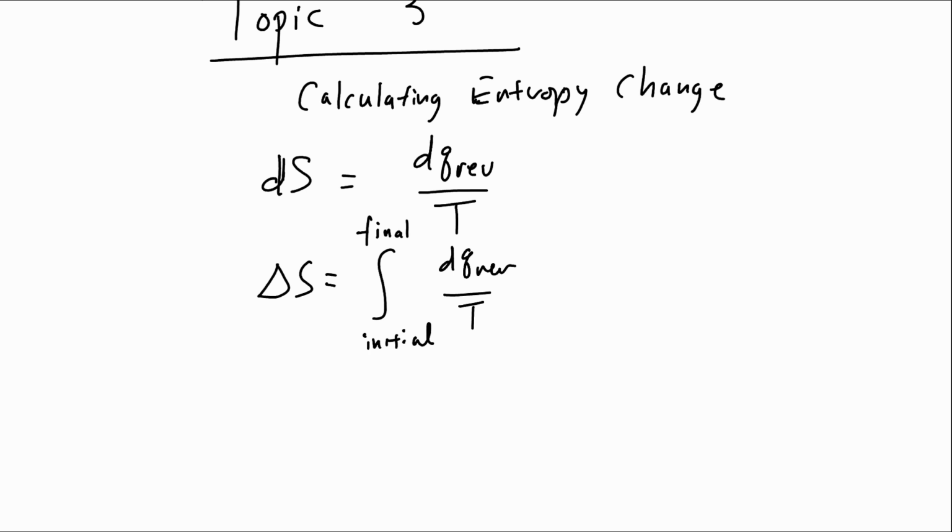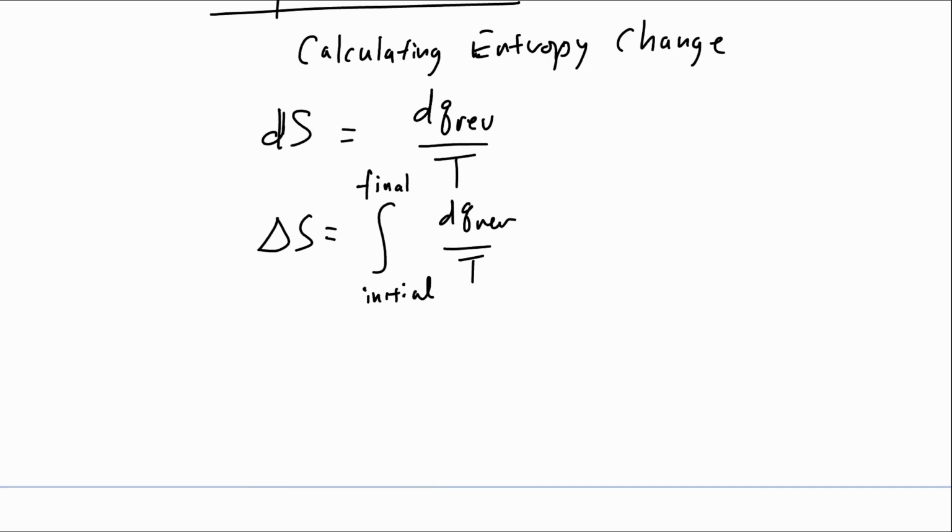I'm not necessarily integrating over T, but if I had dq equals C dT, then that would be an integral over temperature. But it could be some other variables. We have to turn the integral into something that we're actually going to do, right? So there's the practical matter of doing the integral, but the thing is written as an integral without choosing our variables. So I'm just writing initial and final.